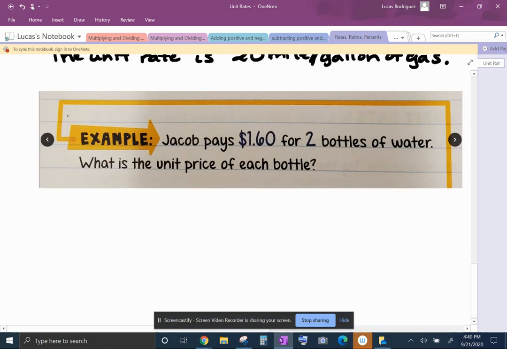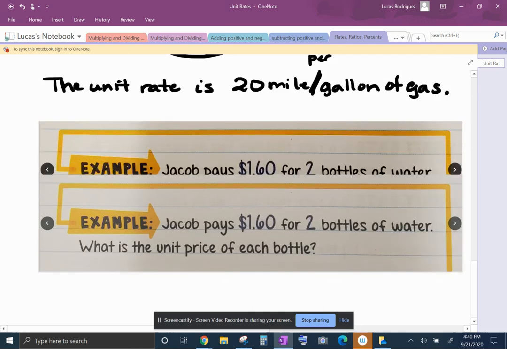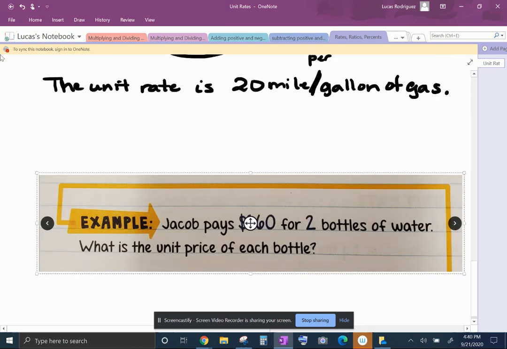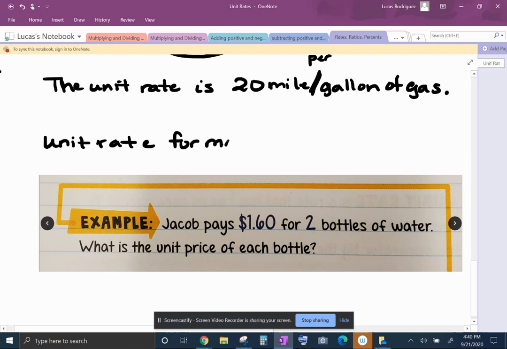So here we're actually working with money. When we're working with money and we find a unit rate for money, it's actually called something else.